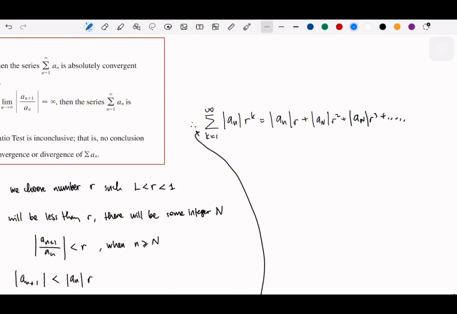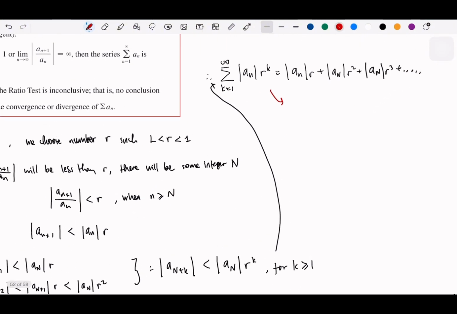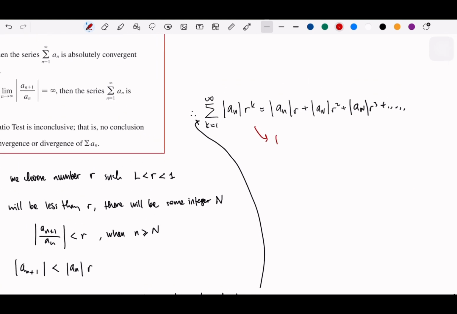So by the arguments from this statement, this will converge because it is a geometric series with r between 0 and 1.